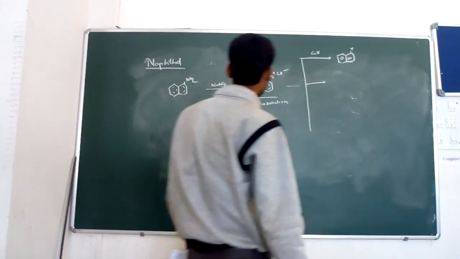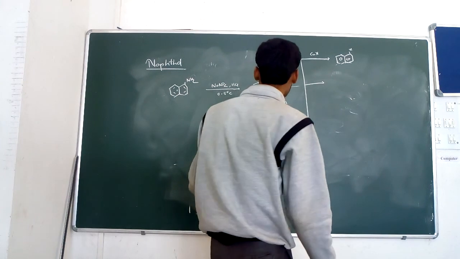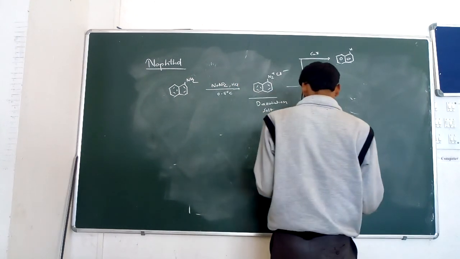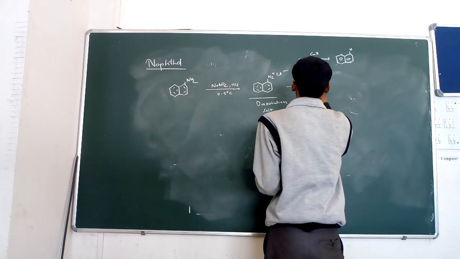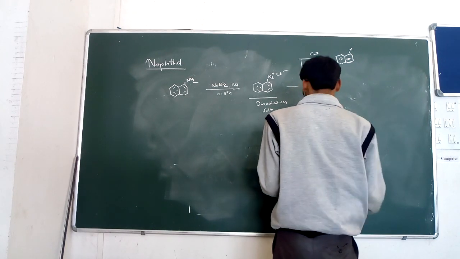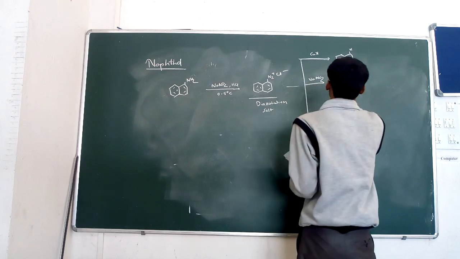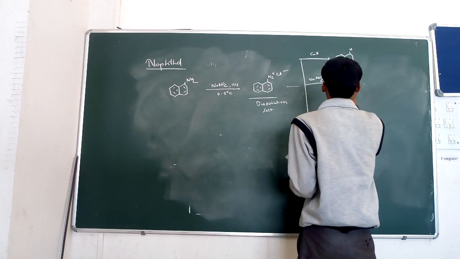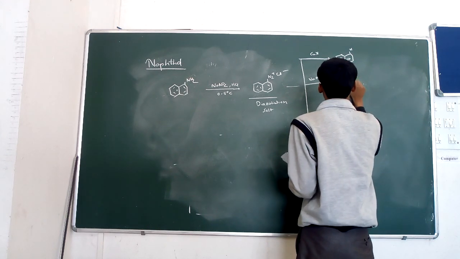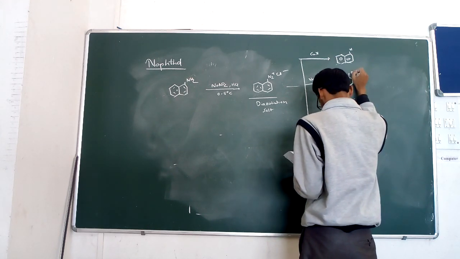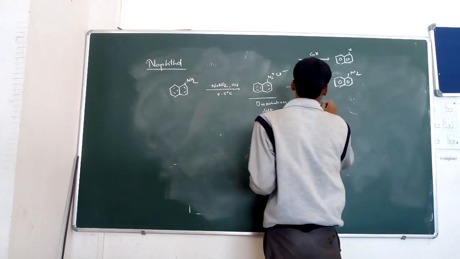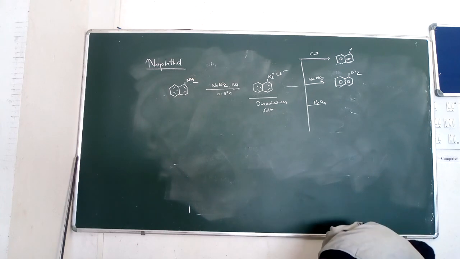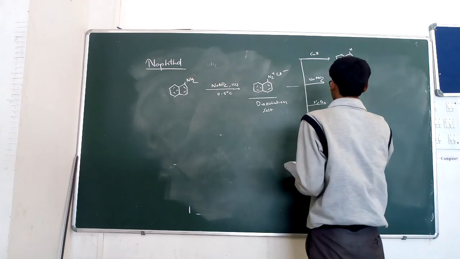When the diazonium salt of naphthalene reacts with sodium nitrite, it forms 1-nitronaphthalene. On hydrolysis, it forms naphthol.